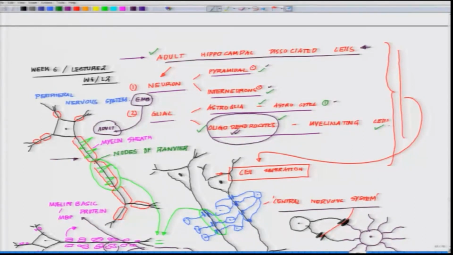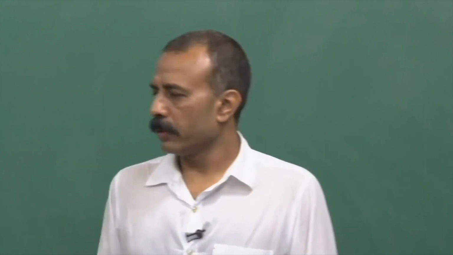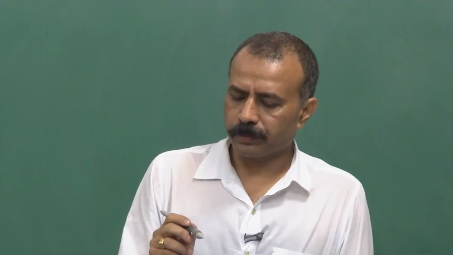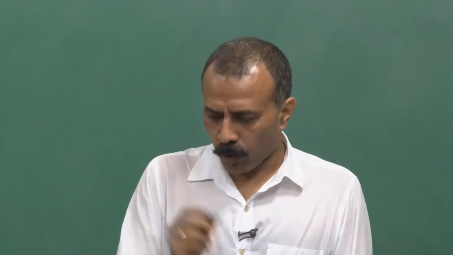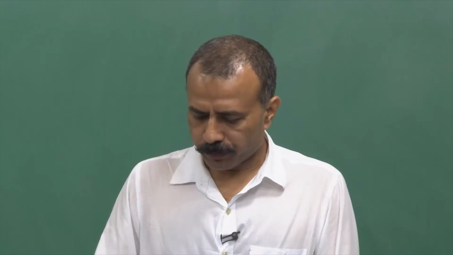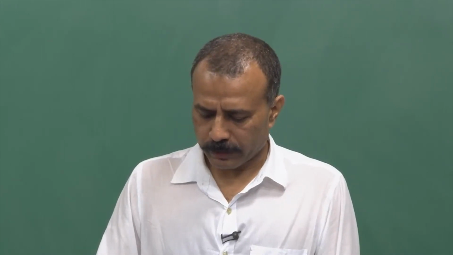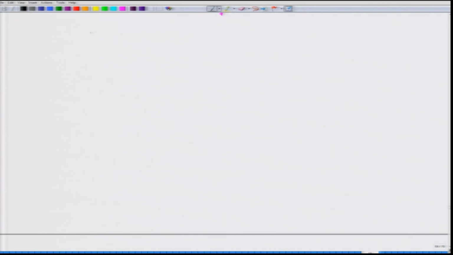First of all you dissociate these cells, and we have talked about the dissociation protocol. Next, once you have dissociated these cells, how can you separate them out? One of the ways, I will come to that. Now, we are into week 6.